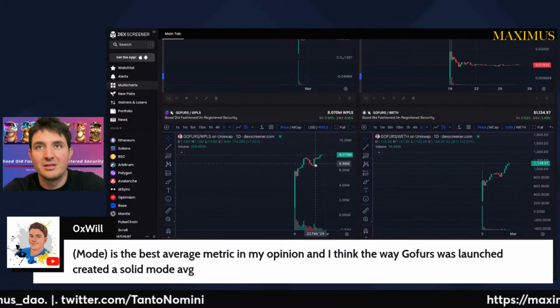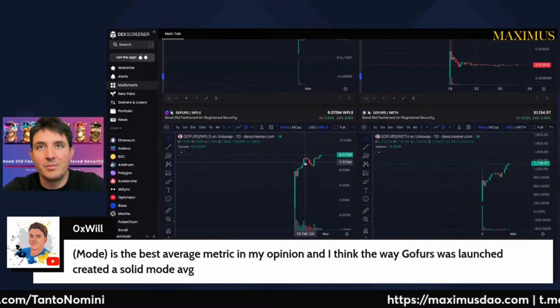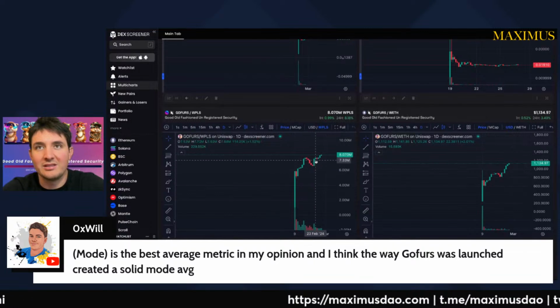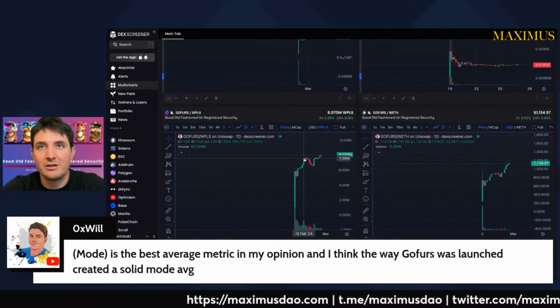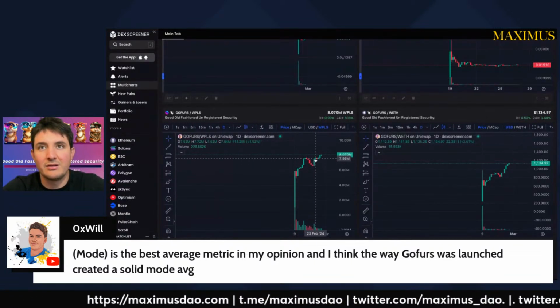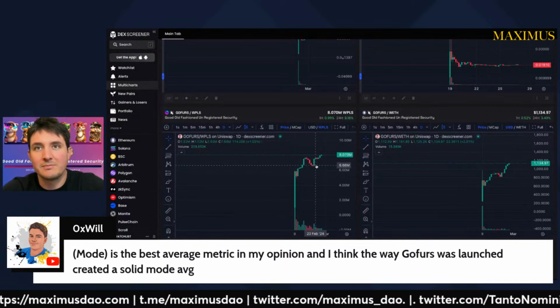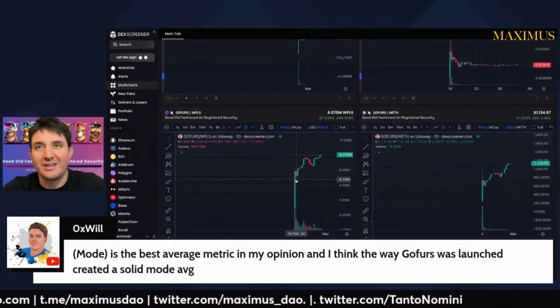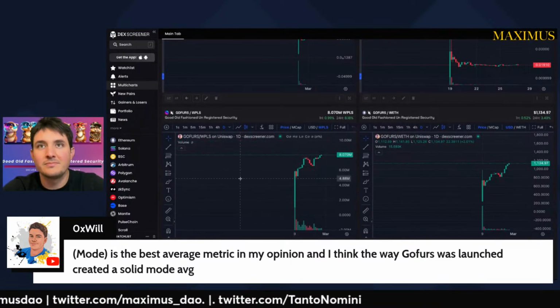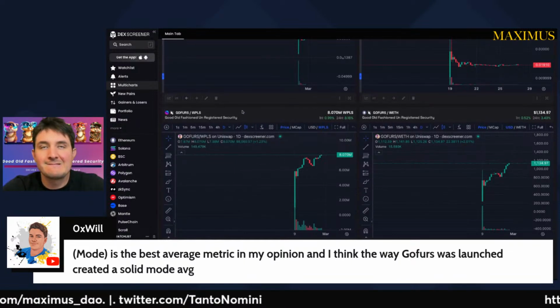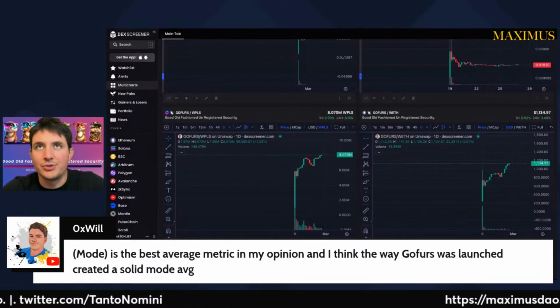A whole lot of users are getting in at basically where it ranged right here. A lot of people are getting in at these prices, and here too. Kind of this whole range. Pretty cool.